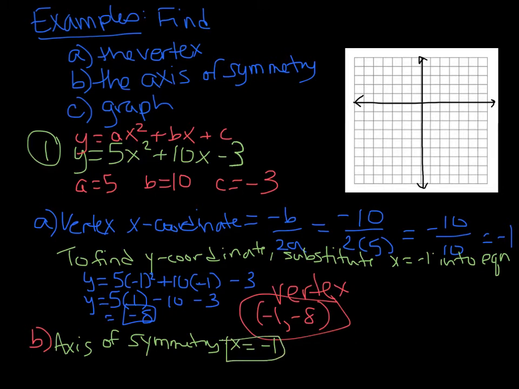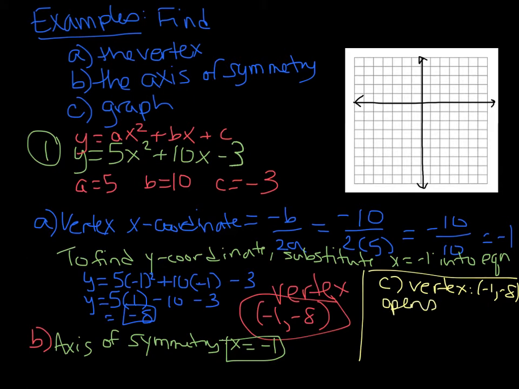So now from there, I have a few things that'll help me out with my graph. The first thing I know is that my vertex is at negative 1, negative 8. The second thing I know is that it's going to open up, and the reason for that is because a is positive.